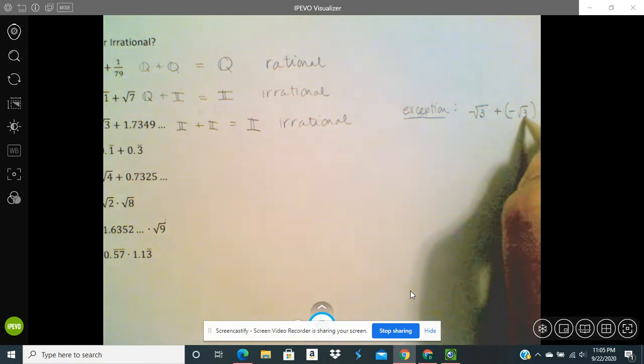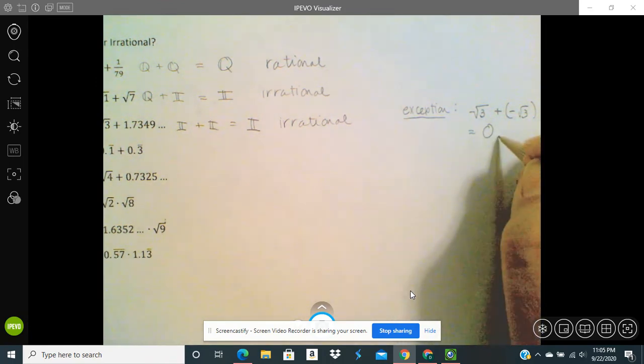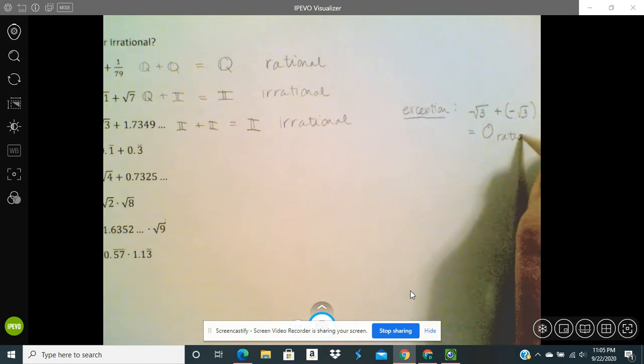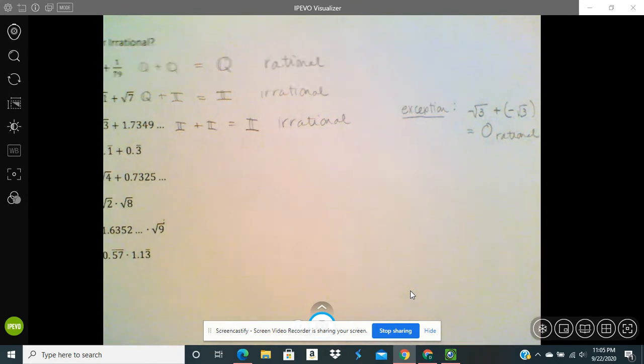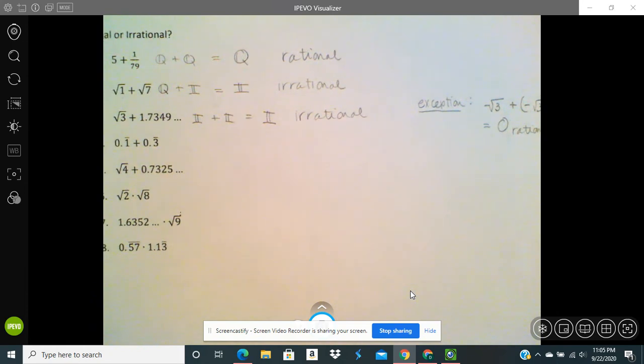What happens when you add a number to its opposite? You get 0. And that, my friend, is rational. That's one of the only cases where that happens, is if they zero out or you multiply reciprocals. And when you multiply reciprocals, you get 1 as an answer.